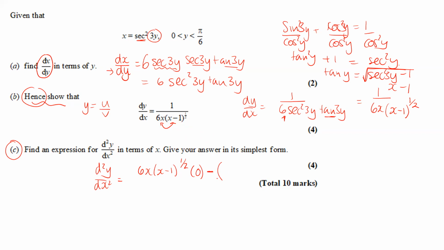So we're going to need some brackets, and it's going to be first 6x, differential of the second, which is a chain rule. So we power down x minus 1, take 1 off.